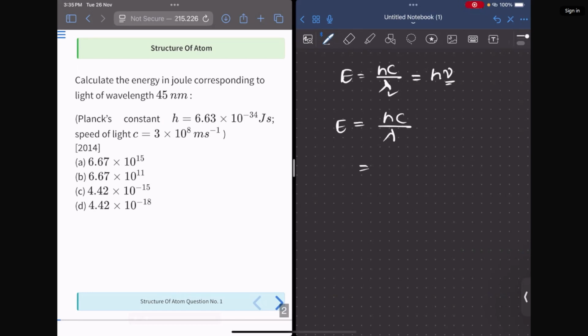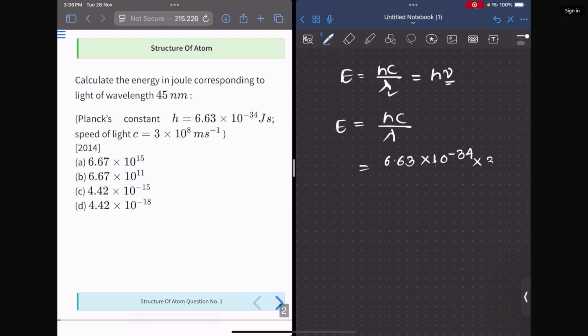The value of h given here is 6.63 into 10 to the minus 34 joule second, into c, where c is the speed of light. What is the speed of light? 3 into 10 to the power 8 meter per second.